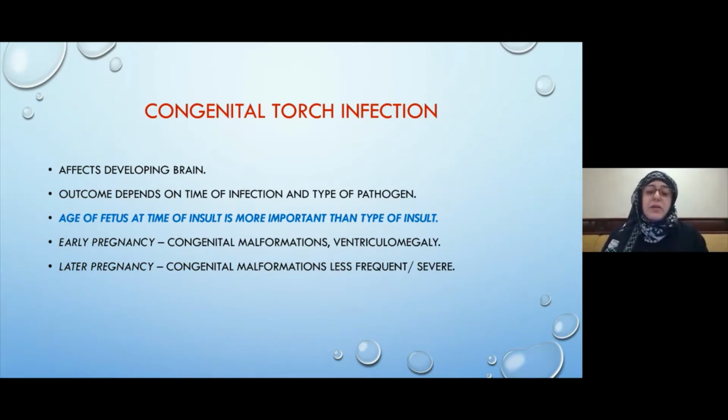Also, the virulence or severity of the infection will determine the severity of the outcome. So in early pregnancy, we are more likely to see severe congenital malformations than in later pregnancy.